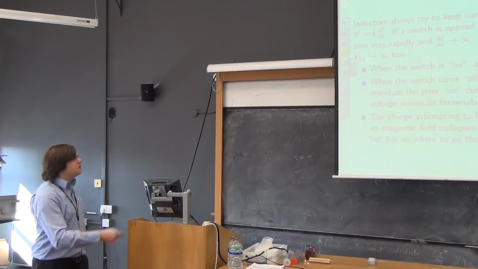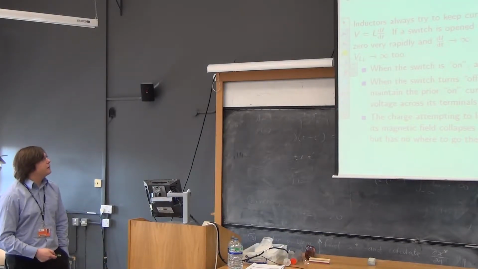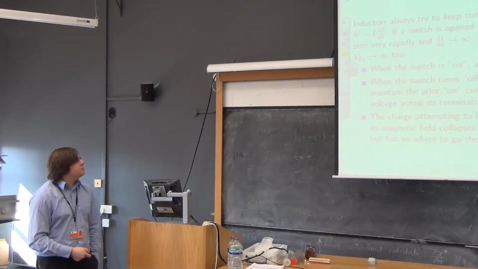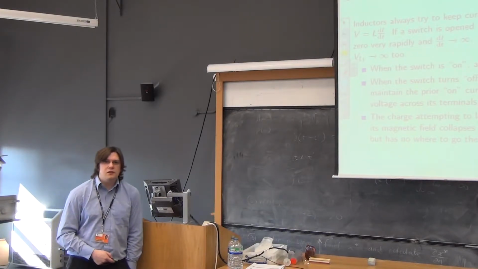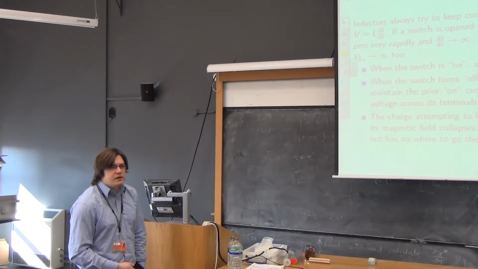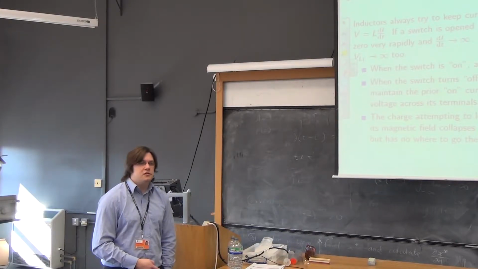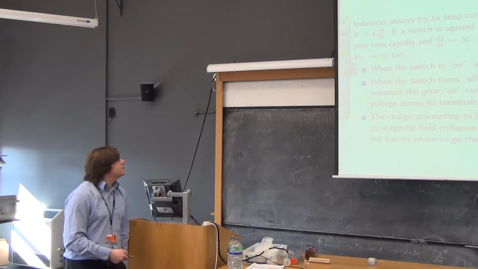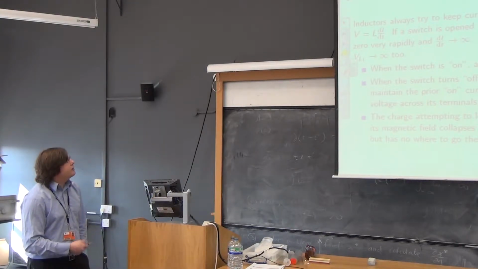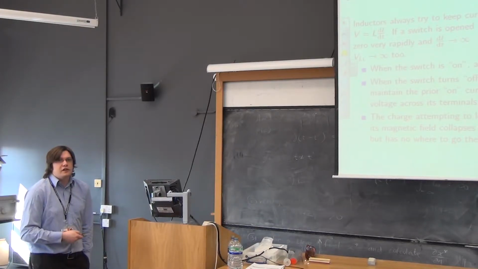So anyway, we've got this inductance, and it doesn't really matter how we acquired it, and we can write some things down based on the basic laws that we know about inductors and capacitors. We could say that the inductor will try and keep the current flowing.